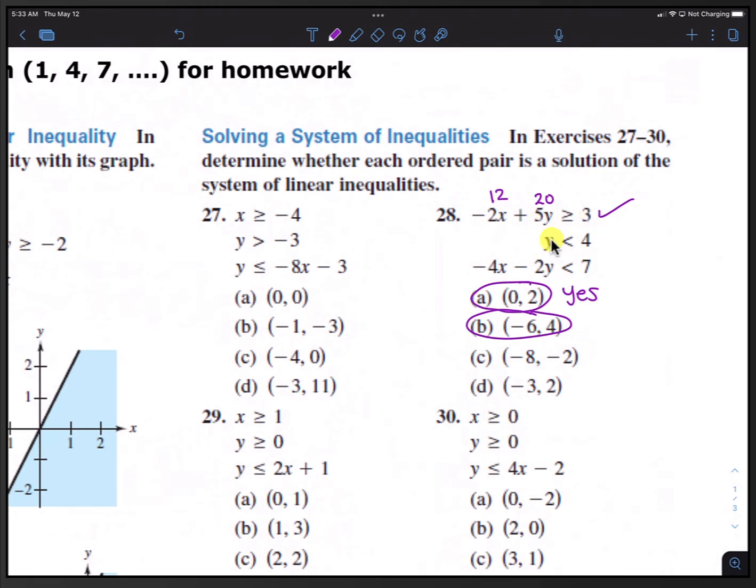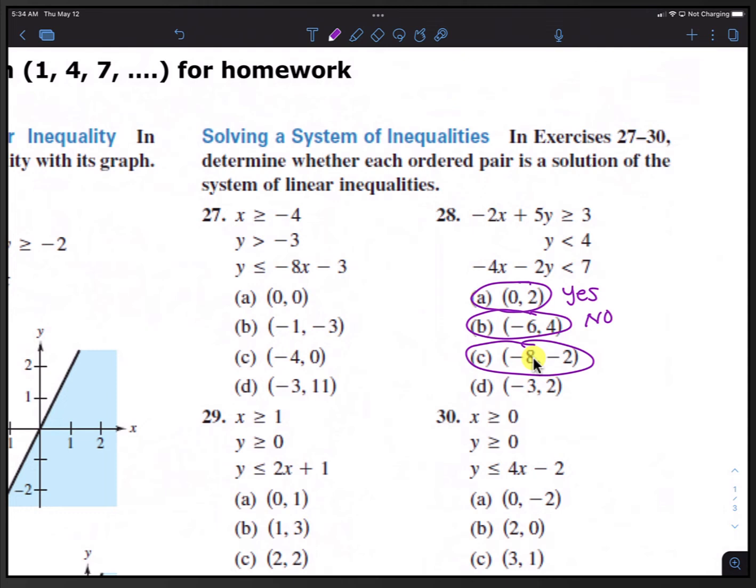If we plug in 4 for y, 4 is not less than 4. So that does not work. Therefore, we can stop and say that this is a no for that point because it does not satisfy the second inequality.